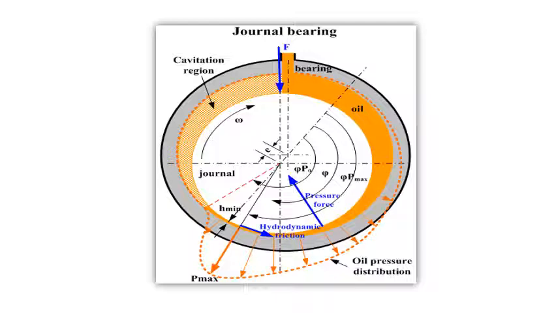The pumping action of the journal, when it rotates, forces the oil to squeeze through this wedge shaped zone, thus creating the pressure. We can see from the figure that the pressure falls to the cavitation pressure in the diverging zone or diverging gap, which is opposite to this converging gap, as we can see from the dotted zone.